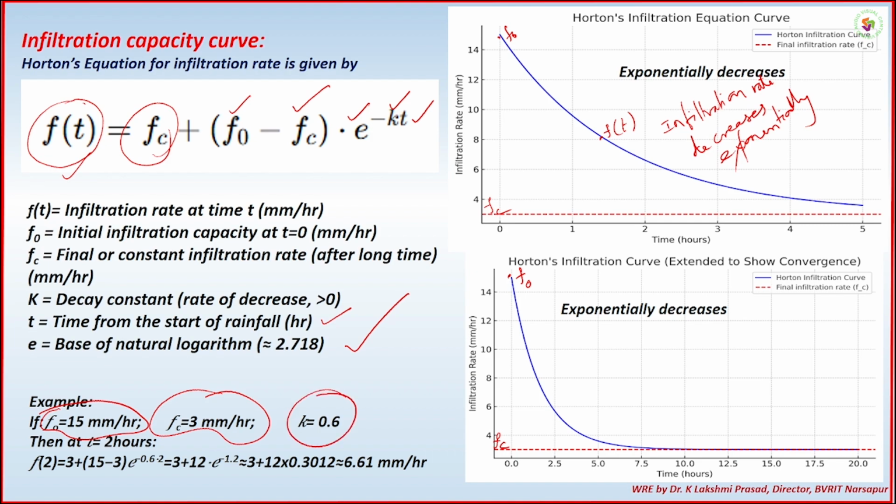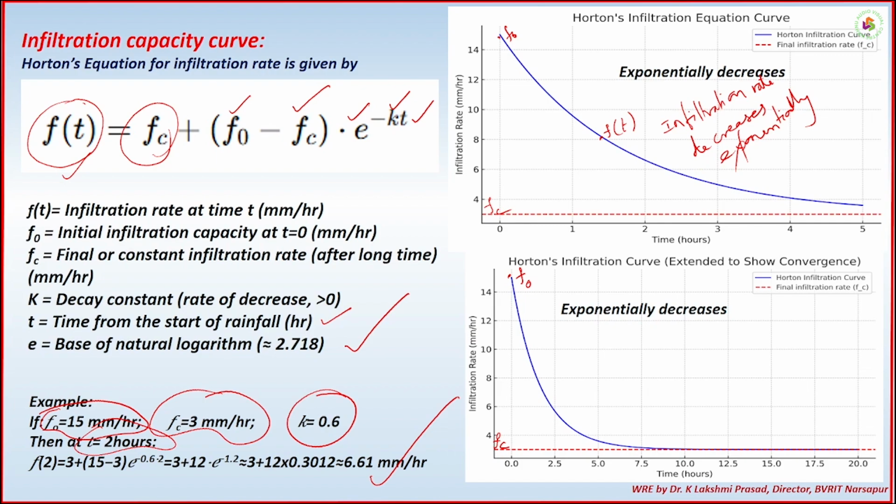And k is equal to 0.6 and time is 2 hours over the entire period. Then substitute in that, you get the answer. So the infiltration rate at any time you can find out using Horton's curve. Please remember, Horton's method is used to estimate the infiltration rate at any time t. That is the first method.